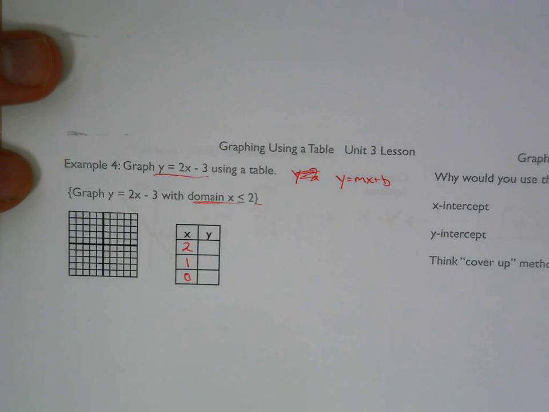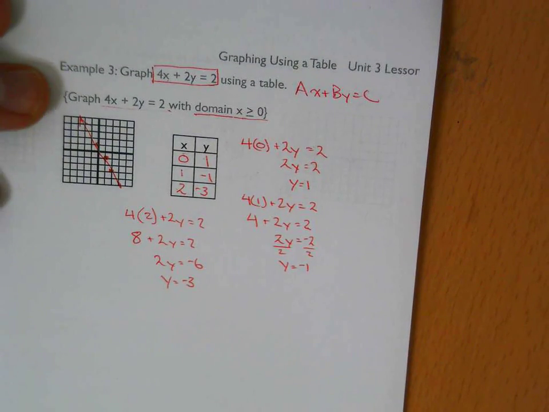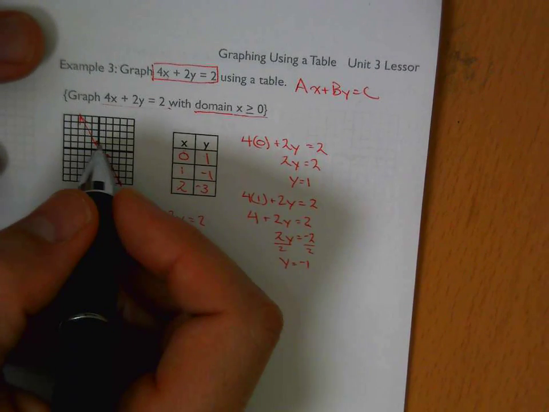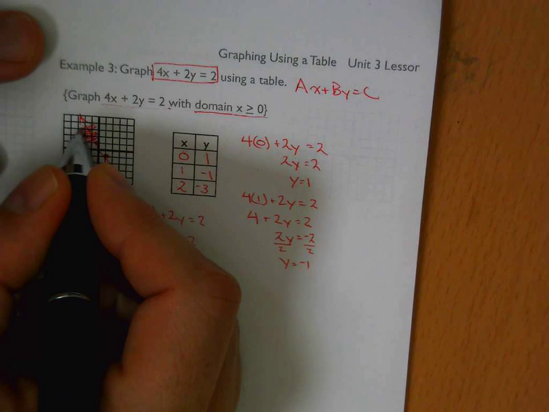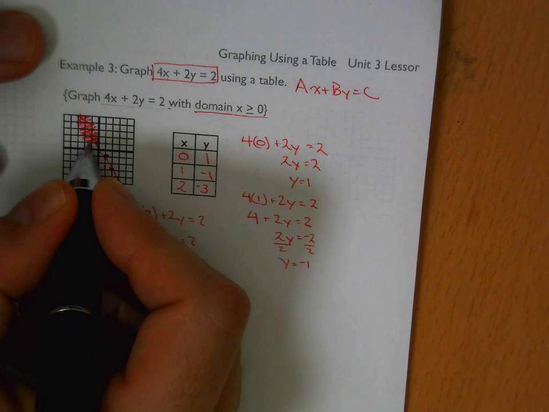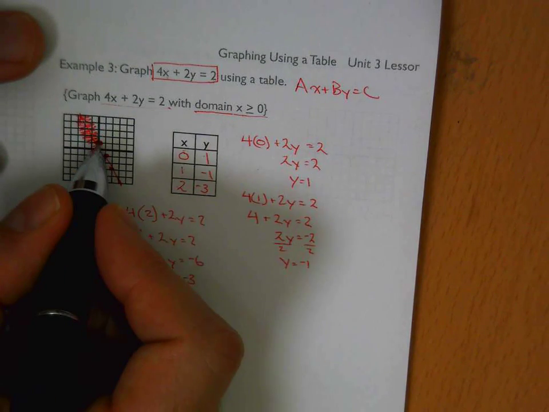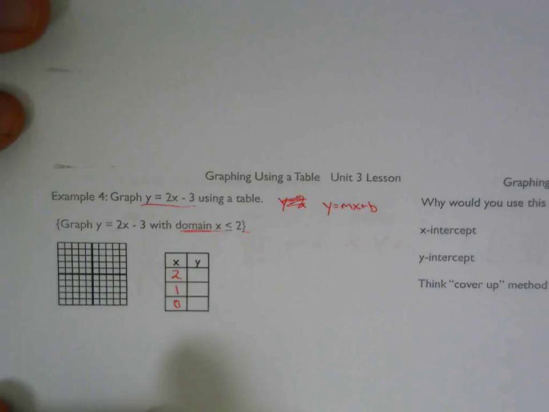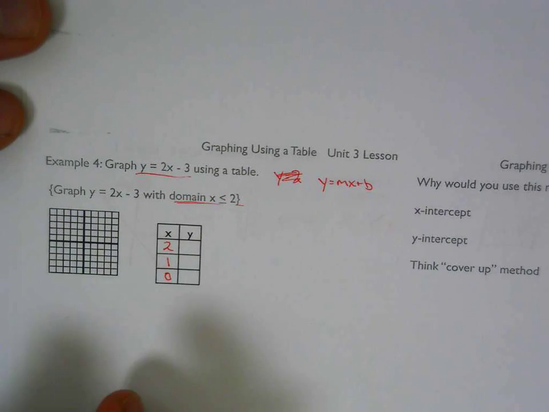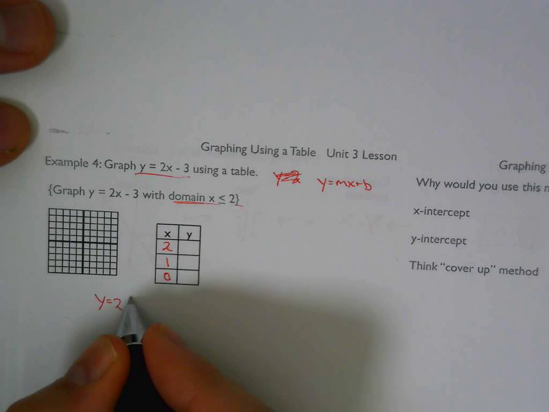So I might say something like 2, 1, 0, because I want less than or equal to 2. And that actually reminds me, if I wanted a domain of x greater than or equal to 0, then according to my graph earlier, I have values below 0, so I would cross these off. I don't want any of those, I just want it starting right here. I'll try to remember that this time.